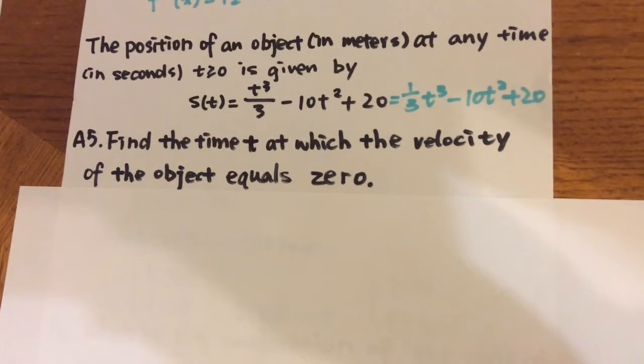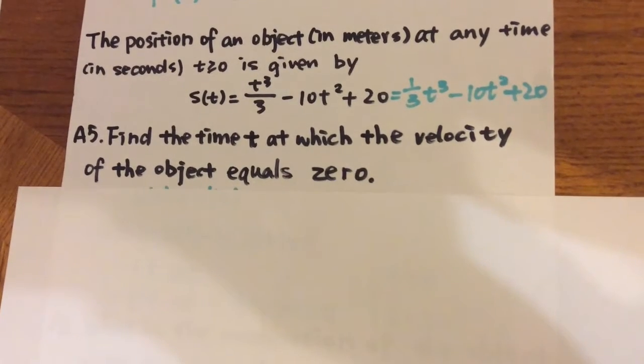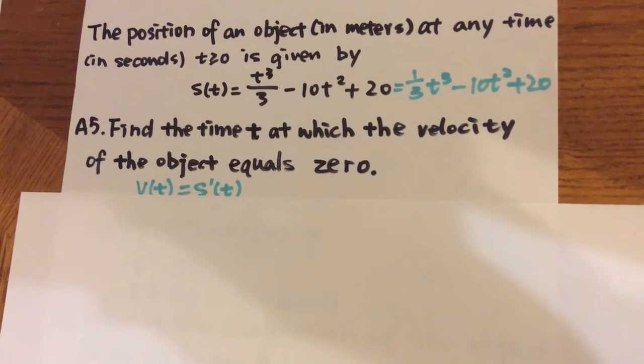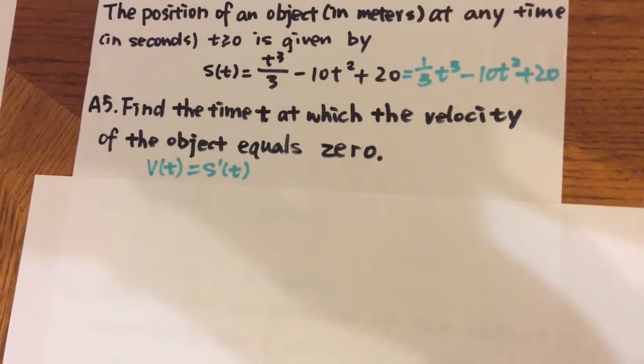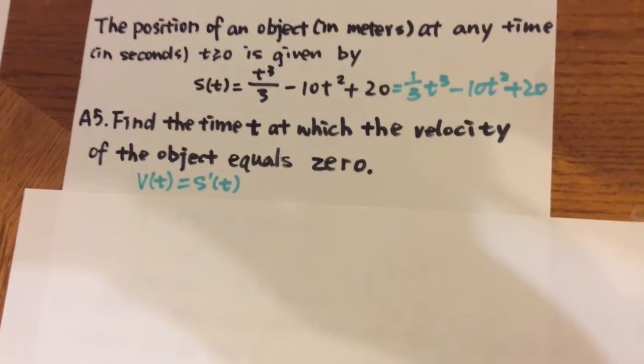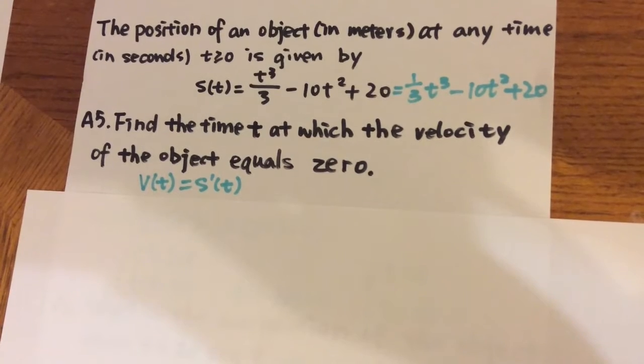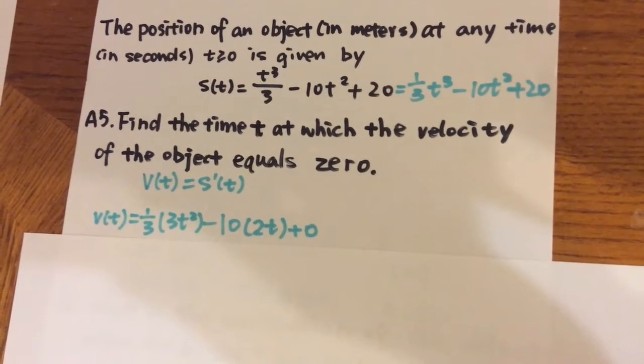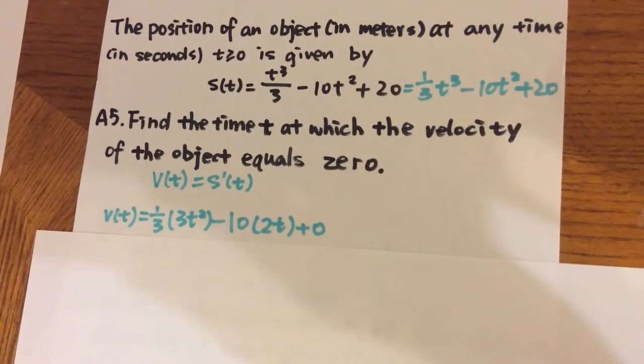Here velocity is the instantaneous rate of change in position. So v(t) is equal to s prime of t. First we will find v(t), which is s prime of t.